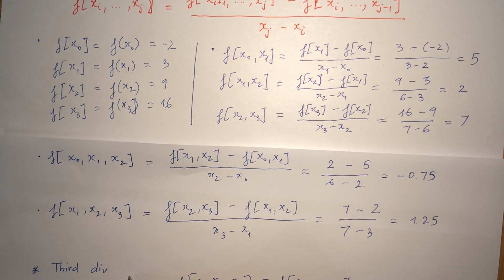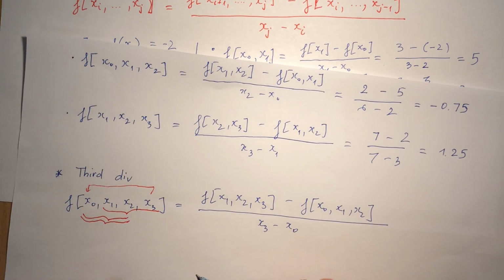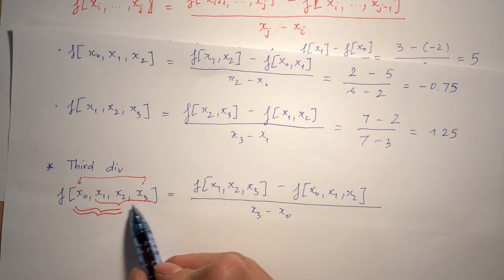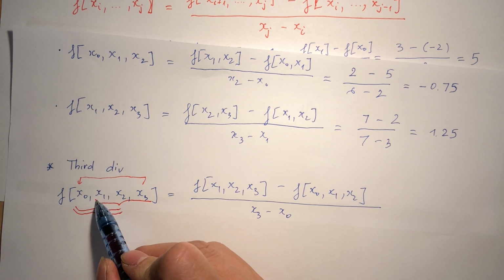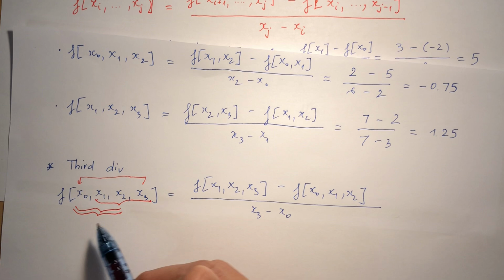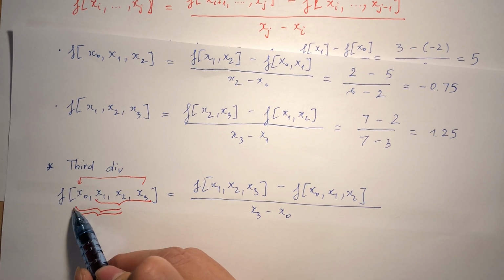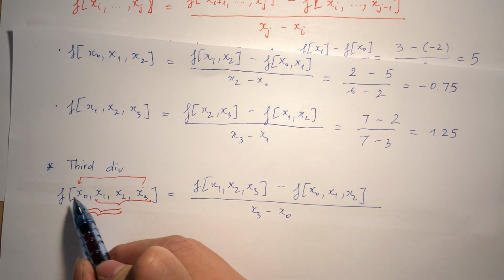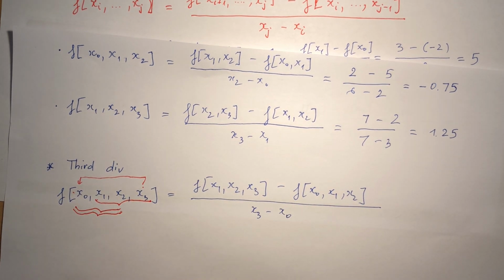Divide by this one minus this one. Right. Just look at the formula. This is easy to remember.